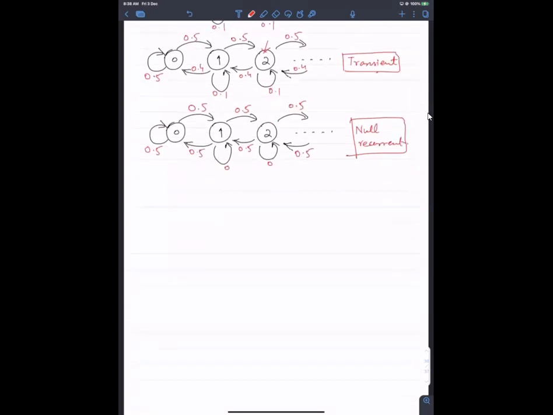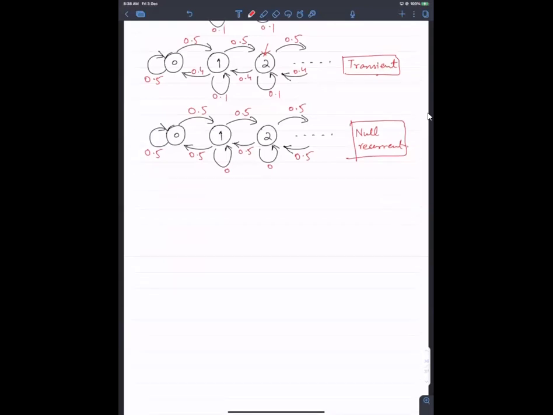So I'm going to redefine the recurrent and transient states again. Recurrent and transient states. Okay.